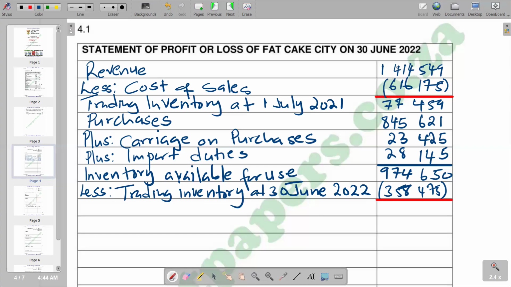So this figure that we have, 1,440,549 minus 660,175, and then you get your gross profit, which is supposed to be 798,374. And the description we're saying is gross profit for the year.